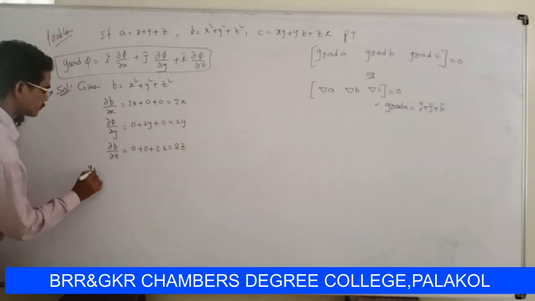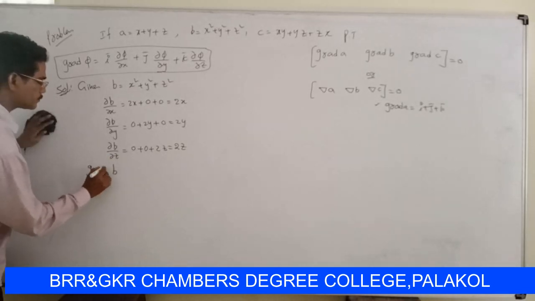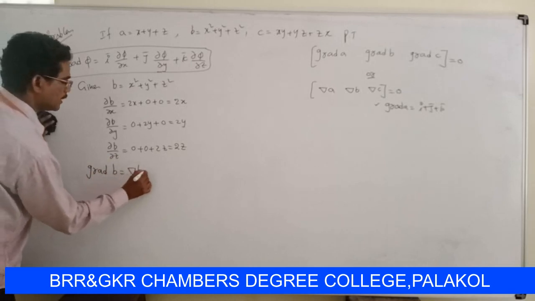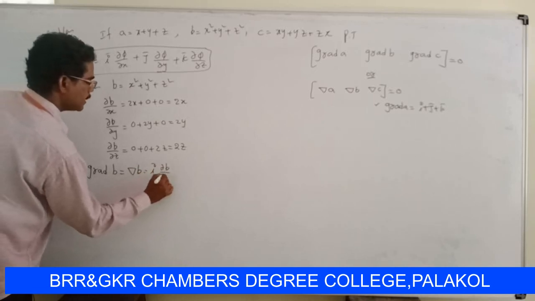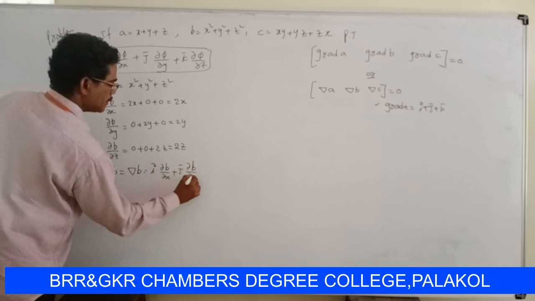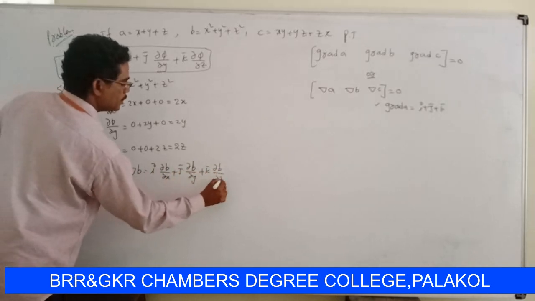Now grad b equal to, symbolically del b. So i dou b by dou x plus j dou b by dou y plus k dou b by dou z.